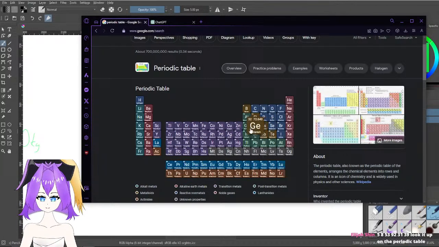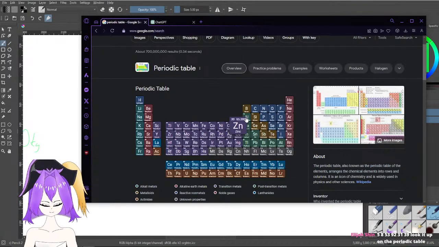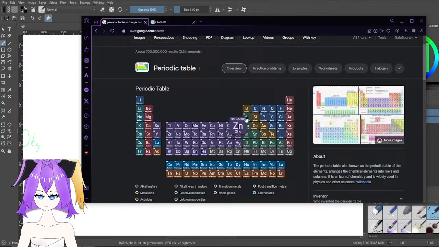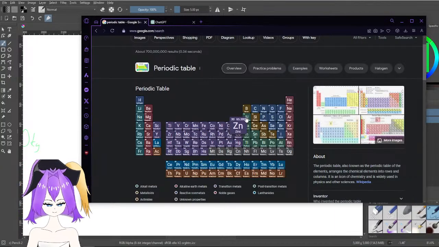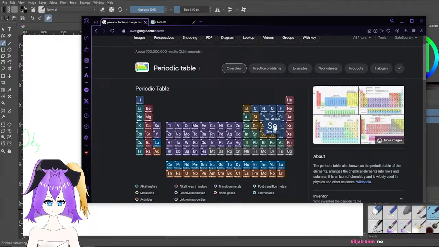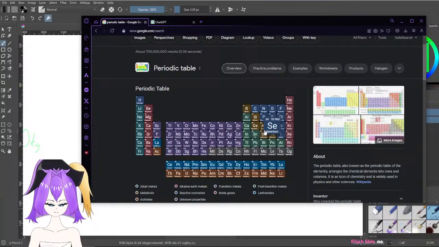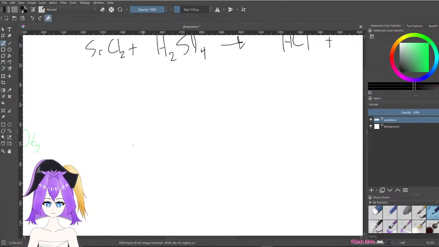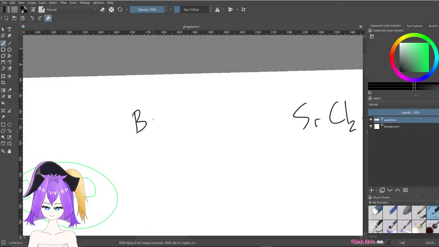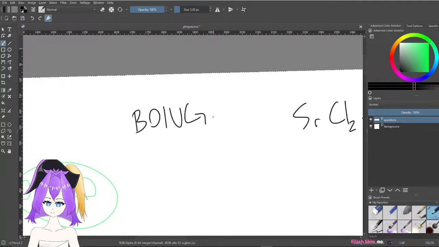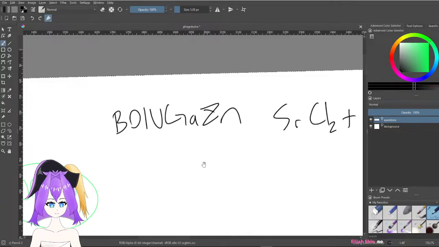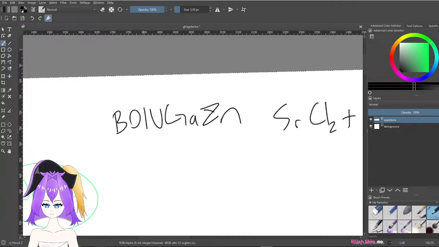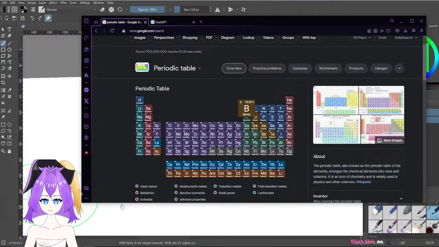I mean, no shot it is, but like... Gallium... Zinc. BOIUGAZN. 5853. 58.